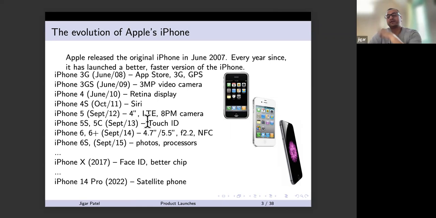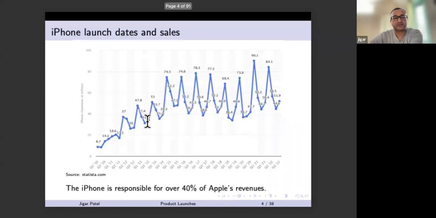So this is the supply side. In a business environment there is a supply side and a demand side. Supply side is the companies that release products over time, and demand side is customers. Now look at the demand side of this picture, where these are the sales numbers for iPhone.